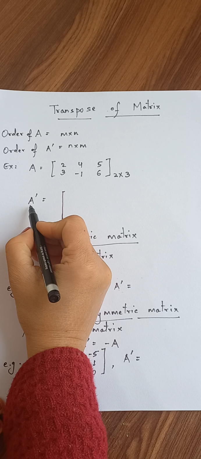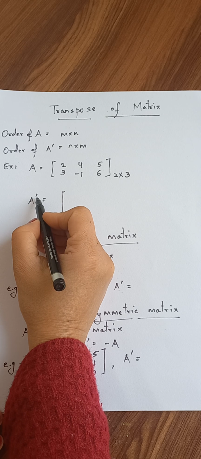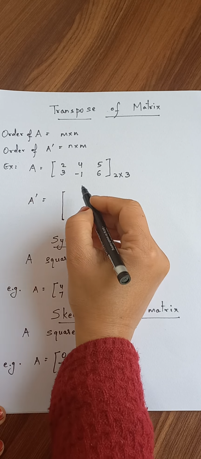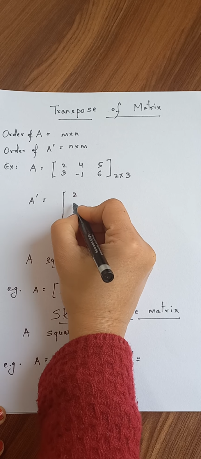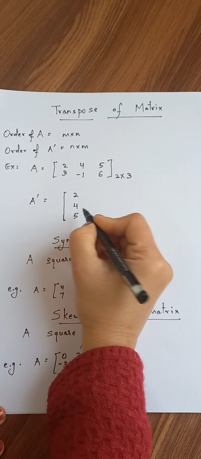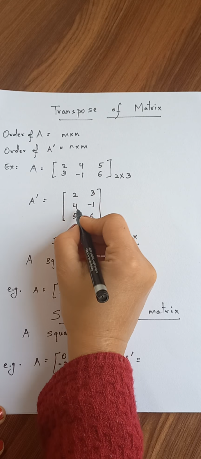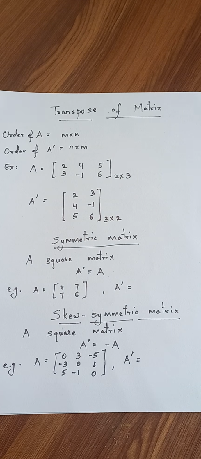We write the transpose as A dash, or A transpose. Here the first row values can be written as the first column, 2, 4 and 5. The second row elements will also become the second column, 3, -1 and 6. So now we have 3 rows and 2 columns. That means we have found the transpose of the matrix.